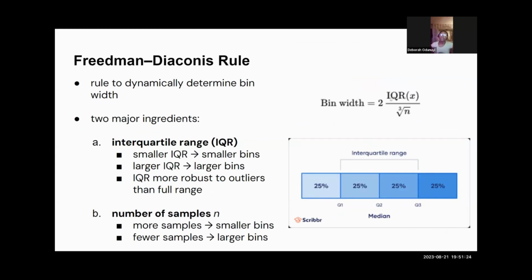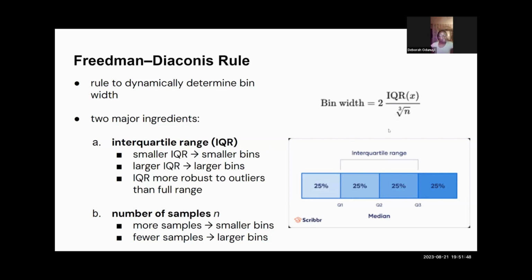So first, the IQR, which is the interquartile range. That is when you divide a data set in half, and then you take the median of the first half and the median of the second half, and you subtract those. If you have a smaller interquartile range, when you use this equation, then you're going to get a smaller number of bins.